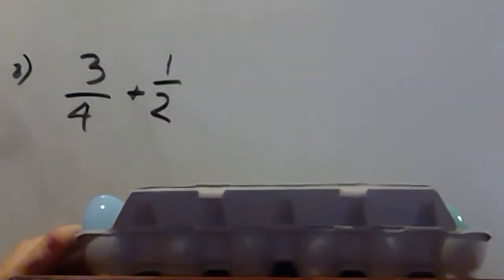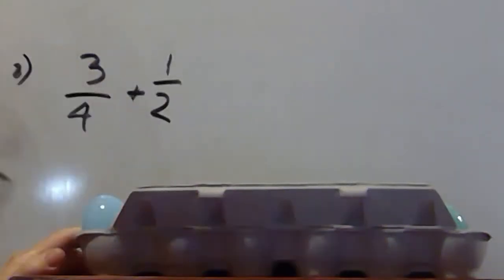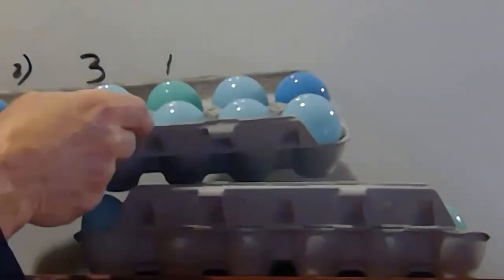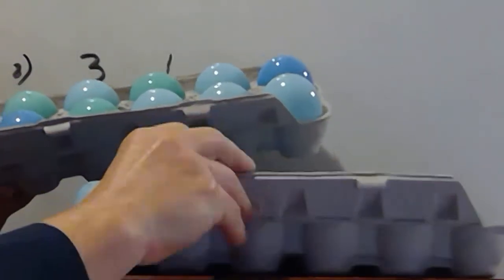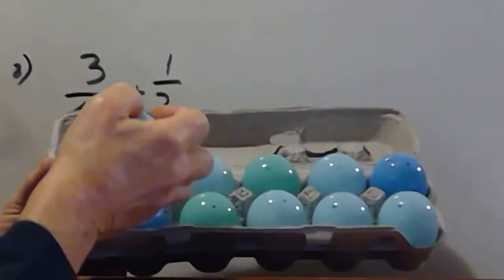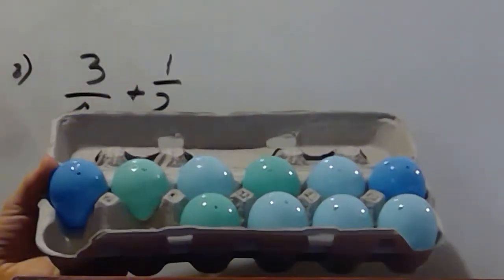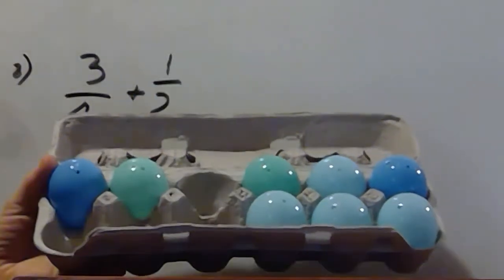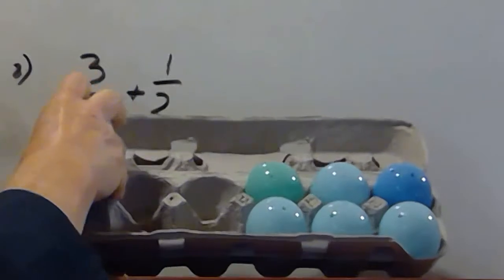Now I'm going to take my other egg carton, because I'm going to add that together. And I'm going to take out 6 of them because that's half of a carton, until I'm left with half of a carton filled.